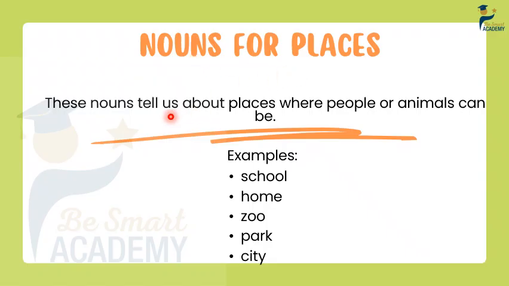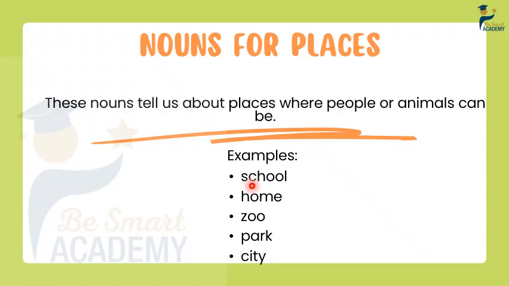So we have nouns that tell us about places where people or animals can be. For example, school or even home. These two places are considered to be nouns when we talk grammar wise.